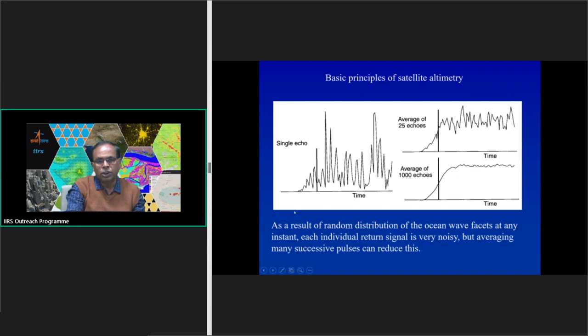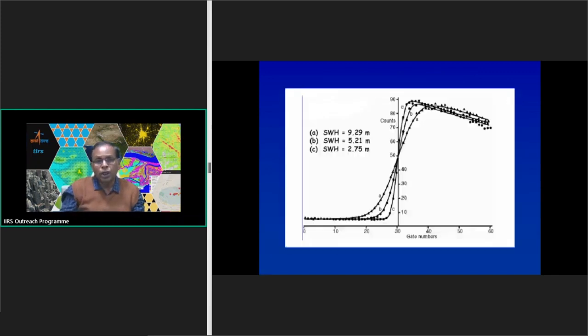Now this is a single echo of the altimeter, and you have to average 1000 echoes to get a better shape, which can be interpreted easily. So this slope of the leading edge is related here for different significant wave heights from 9.29 meters to 2.75 meters.